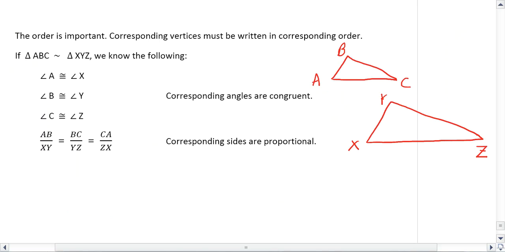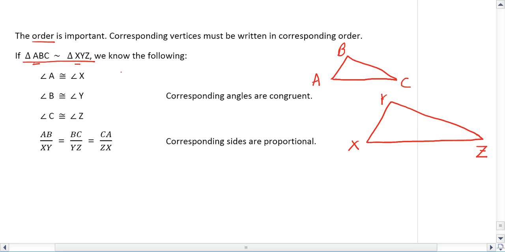When we're naming similar shapes and sides that correspond to each other, the order is important and it does matter. So if we're told that triangle ABC is similar to XYZ, notice how I drew ABC in the same shape as XYZ. Since the letter A is mentioned first in its triangle, and X is mentioned first in its triangle, angle A and angle X are the same degrees.